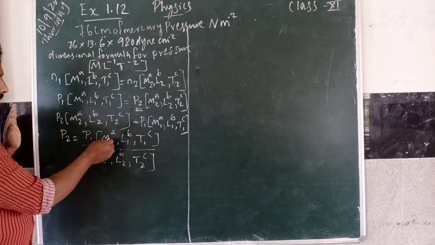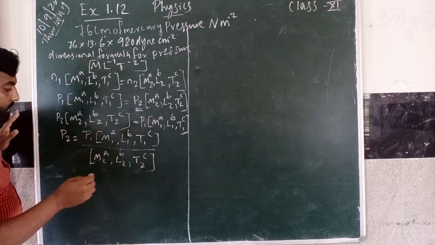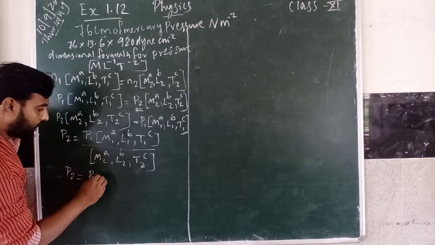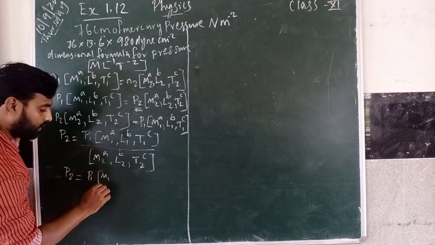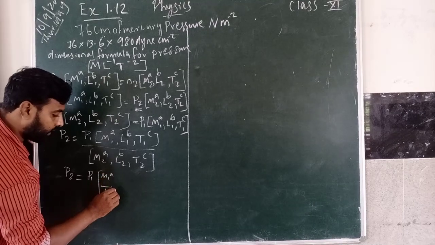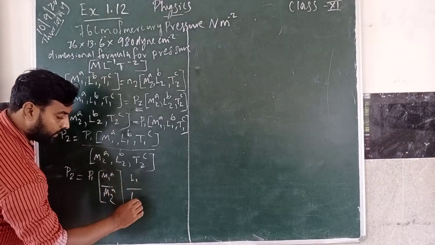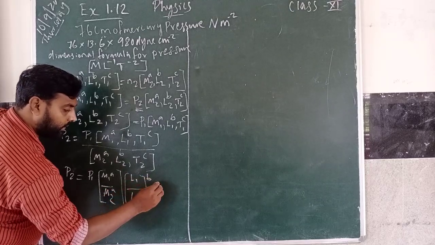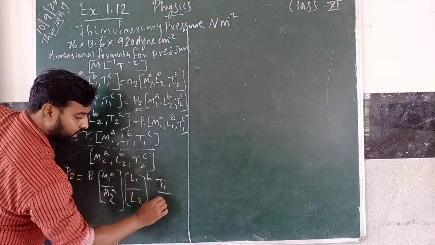Now separate M1, M2, L1, L2, and T1, T2. So P2 equals P1, and you can write in a single bracket (M1 by M2) power a, (L1 by L2) power b, (T1 by T2) power c.